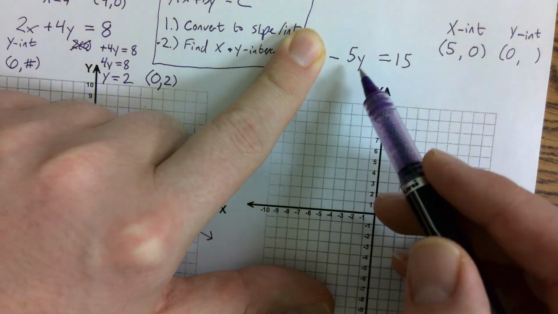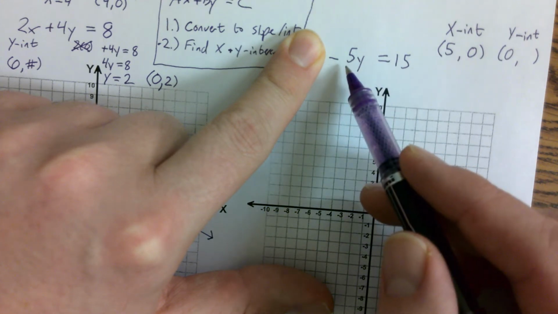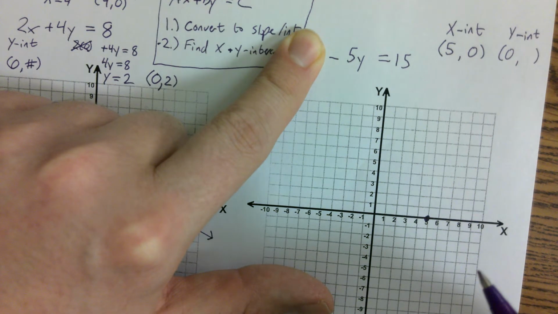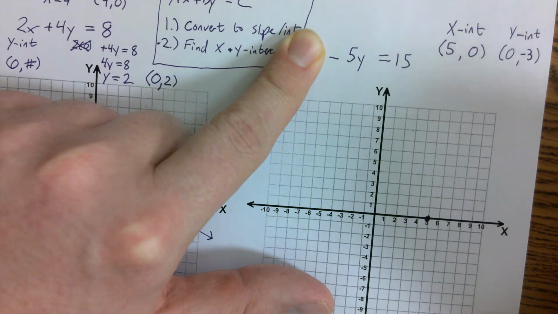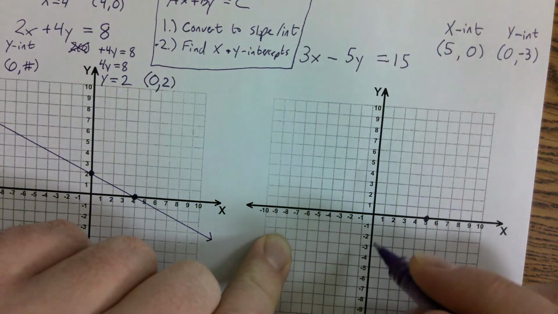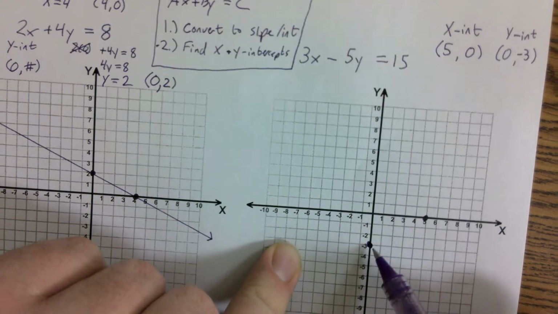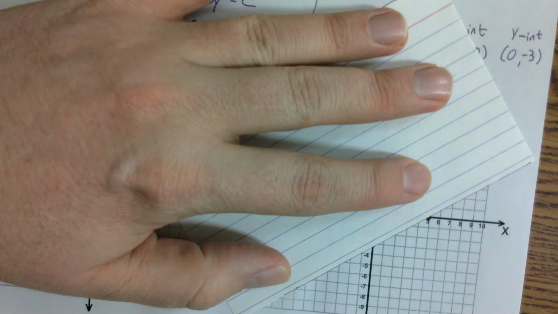So I can either write this out separately and solve it, or think to myself, negative 5 times what is positive 15? And hopefully you say negative 3. So I'm going to put the dot at negative 3, and now I have my y-intercept and my x-intercept, and I'm ready to draw my line.